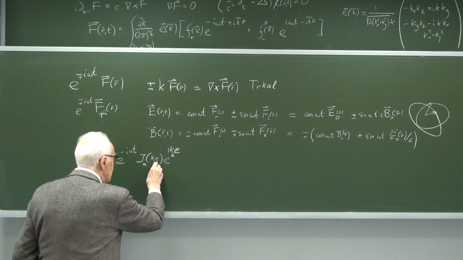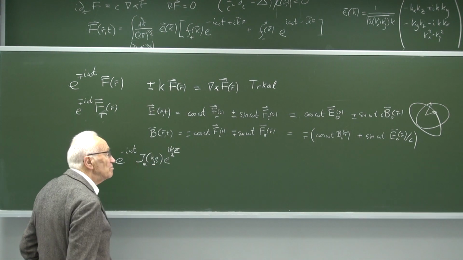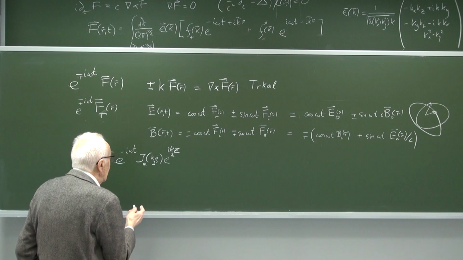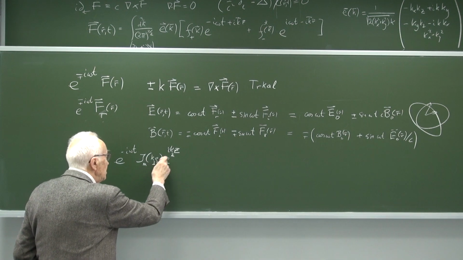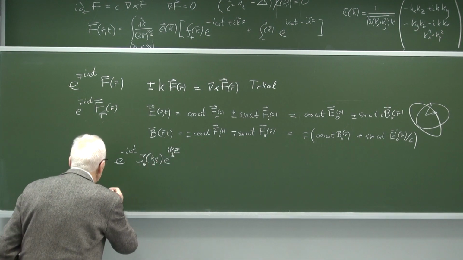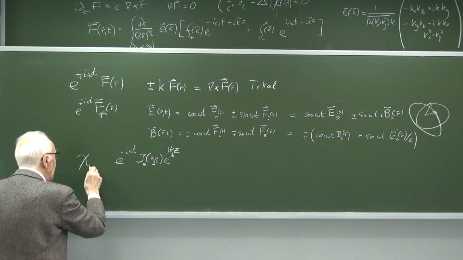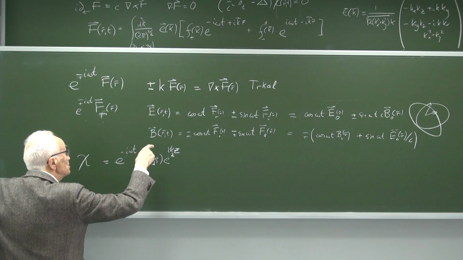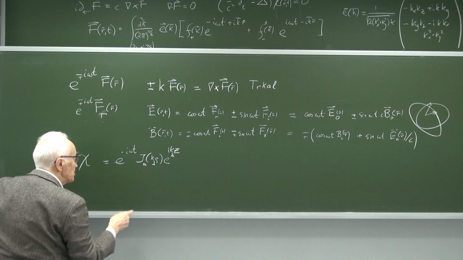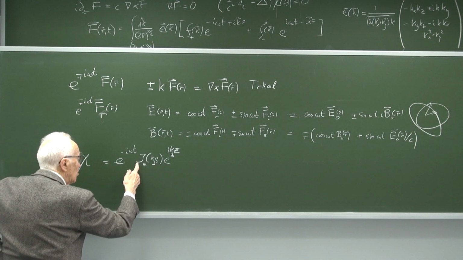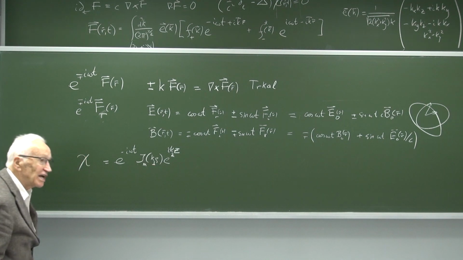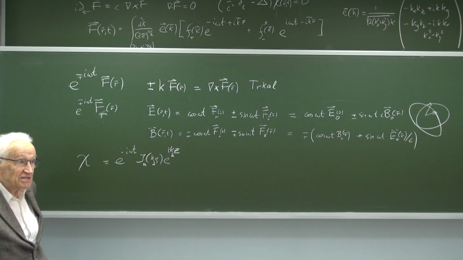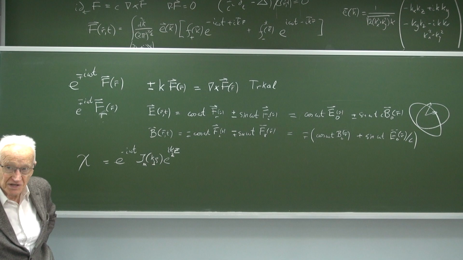No, I'm sorry, I should have written here k perpendicular. What is the meaning of these parameters? Here I have the solution chi, a solution of the wave equation, because when you substitute this into the wave equation, you notice that the equation for the Bessel function is exactly the one that the Bessel function obeys.